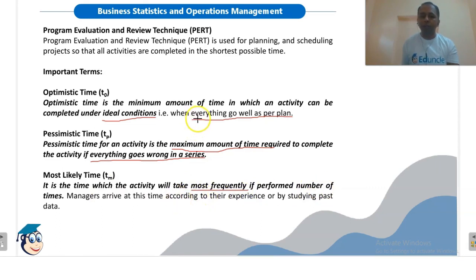Sometimes there will be delays due to some factors, like a delay in the availability of raw material, but other things will go as per the plan. So that time is the most likely time. There will be delay due to some factors, but not due to other factors, and most of the time this happens. Managers arrive at this time according to their experience or by studying past data.